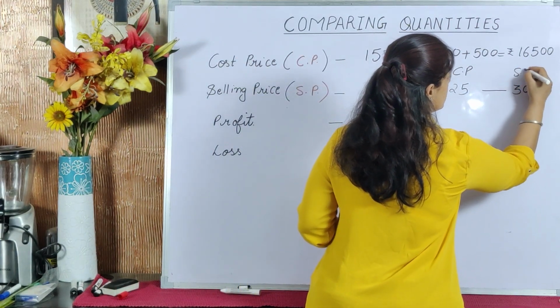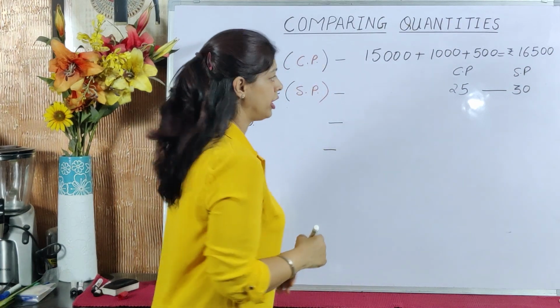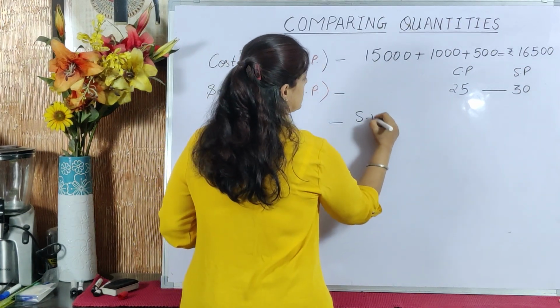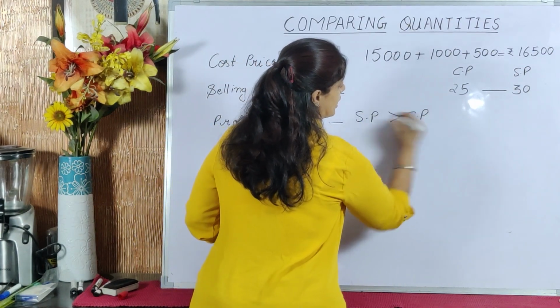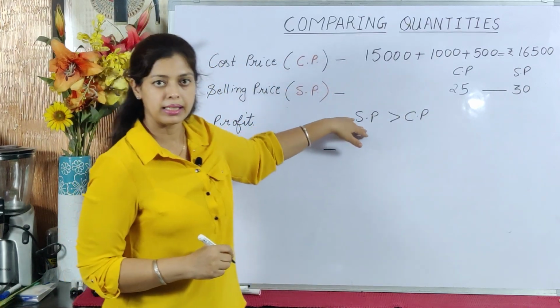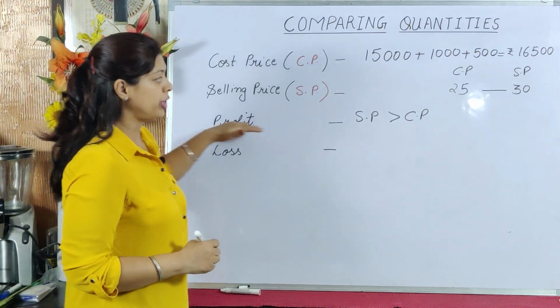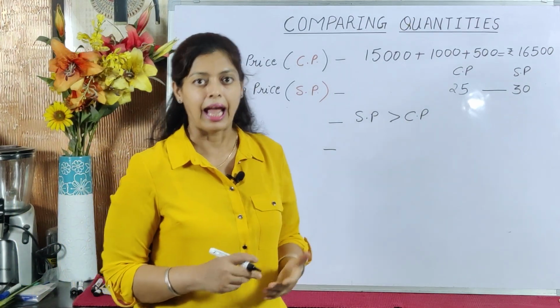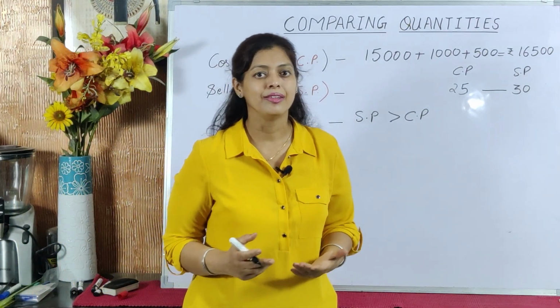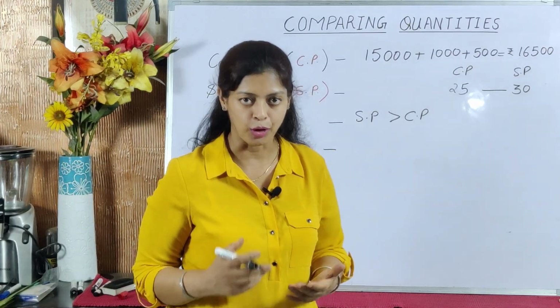So 30 is your selling price. Now here you can see that the selling price is greater than the cost price. Whenever the selling price is greater than the cost price, it means you have made a profit in your transaction. And every business is done with the intention of making a profit.